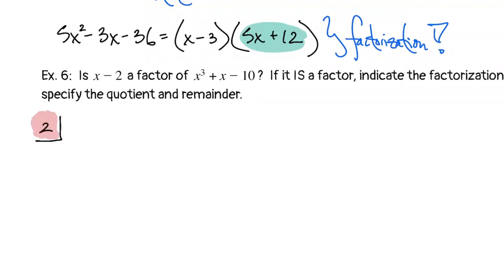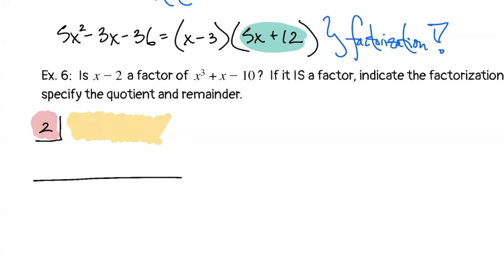Good. And what do I put for the coefficients of that dividend? Ooh, 1, 0, 1, negative 10. Okay. I can imagine a lot of us sitting there being like, where'd that 0 come from? Right?